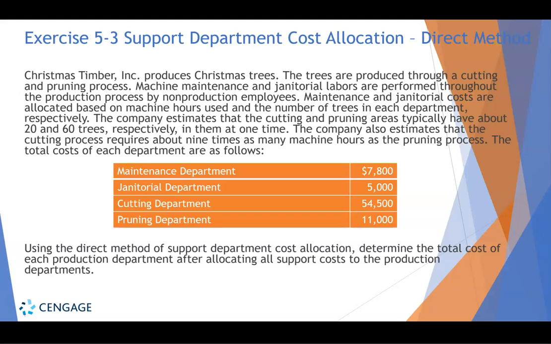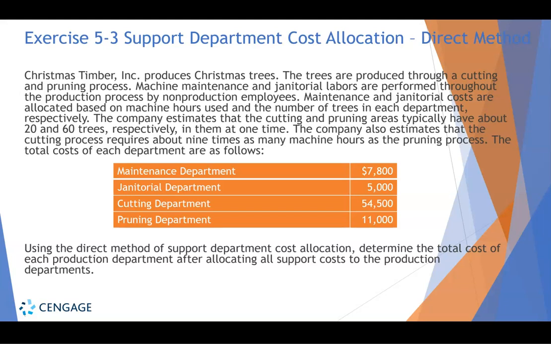Let me just see here. 20 and 60 trees. So the cutting department usually has about 20 trees, and the pruning department has 60 trees.